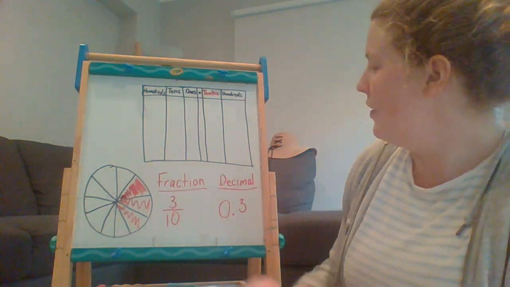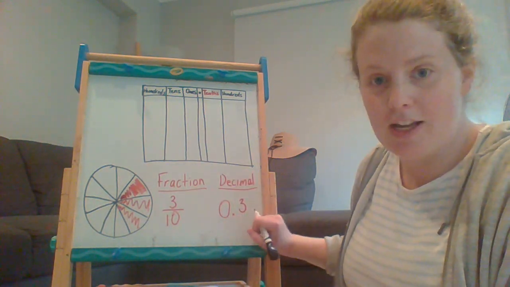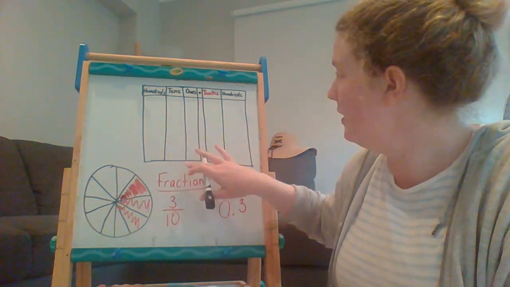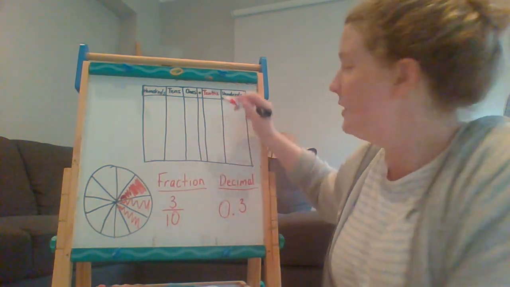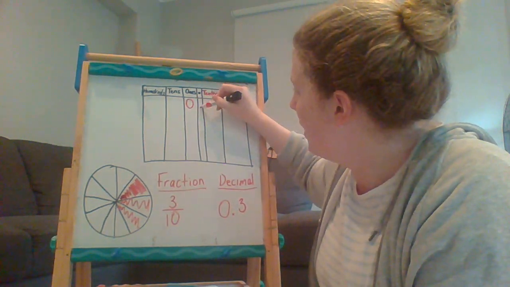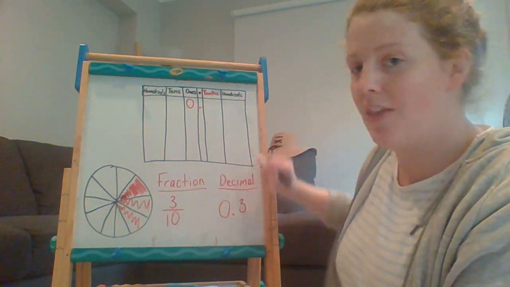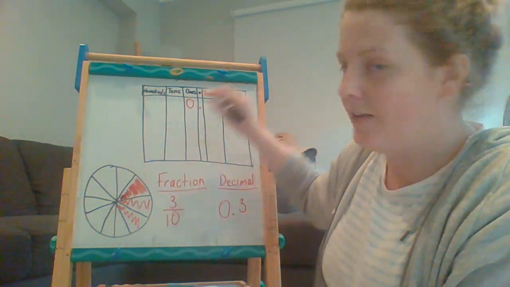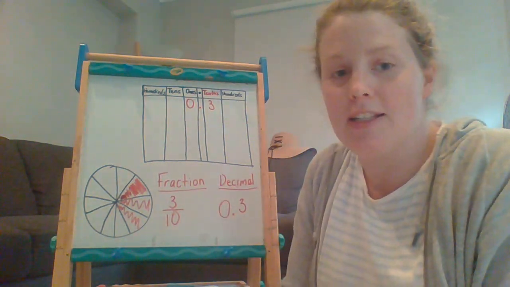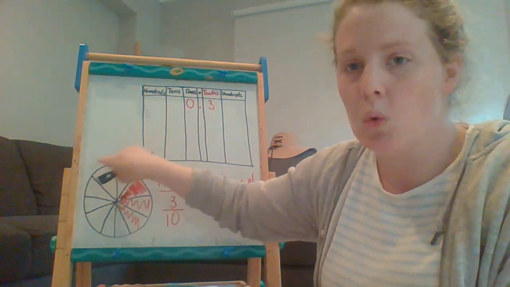Now I have done my 0.3 here, just without the table. But if I was to fill it in the table, I would have a 0, my point, and in the tenths column, because I know it's a tenth, it's not a whole yet. I know I have eaten 3/10 of my pie. I haven't eaten a whole number yet.